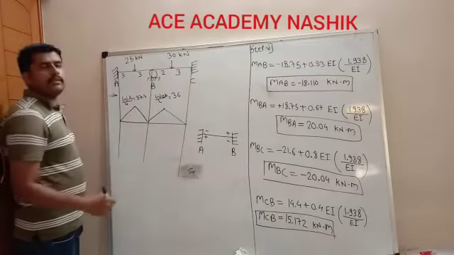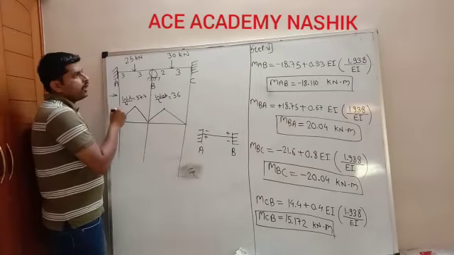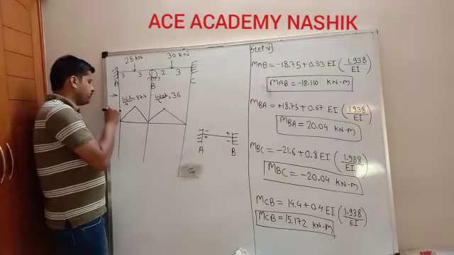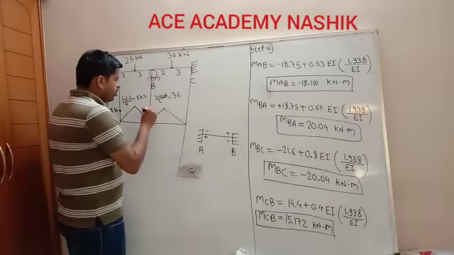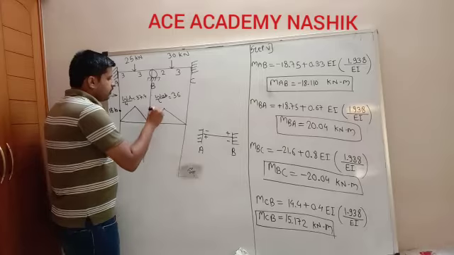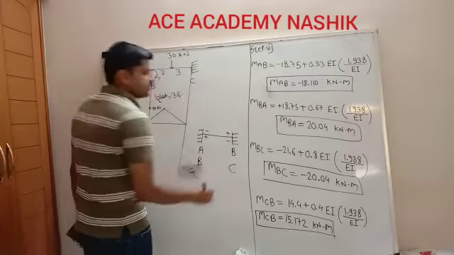So MAB is negative, and negative is on the upper side of the line. So minus 18.10, here I have plotted 18.10 kilonewton meter. For BA it is 20.04, which is here. That is MBA. Similarly, for BC also we can do it like this.